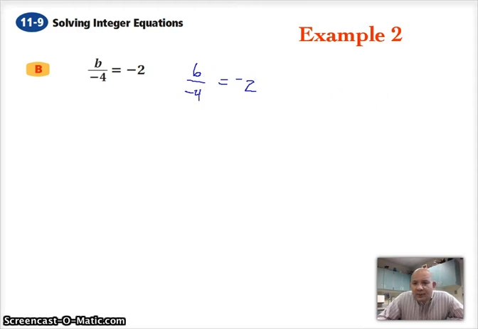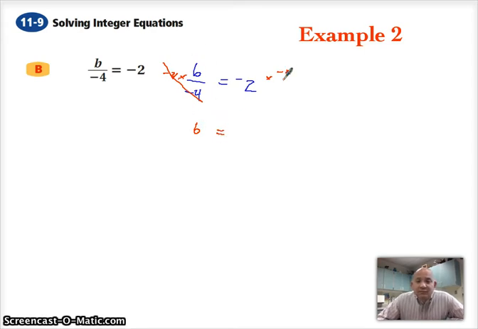So I'm going to go ahead and multiply both sides by negative 4 in order to get rid of the negative 4's on this side, because negative 4 divided by negative 4 is 1, and 1 times b is just a plain b. Identity property.